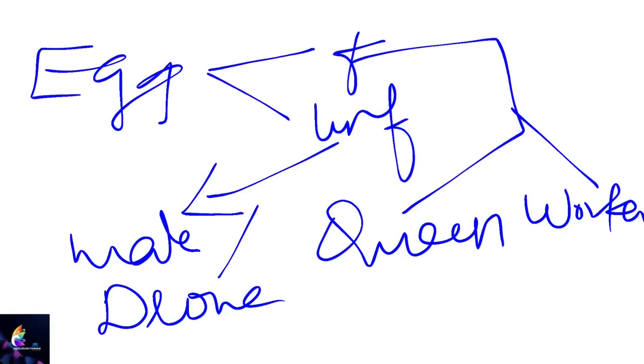Remember, this is one of the previous year questions. What they asked is, from the egg of an unfertilized honeybee, what will come? Worker or queen or drone. What we used to feel is unfertilized means underutilized, so it may become worker, like that we used to feel, but it is not. Unfertilized egg becomes male. Fertilized egg becomes queen and worker.